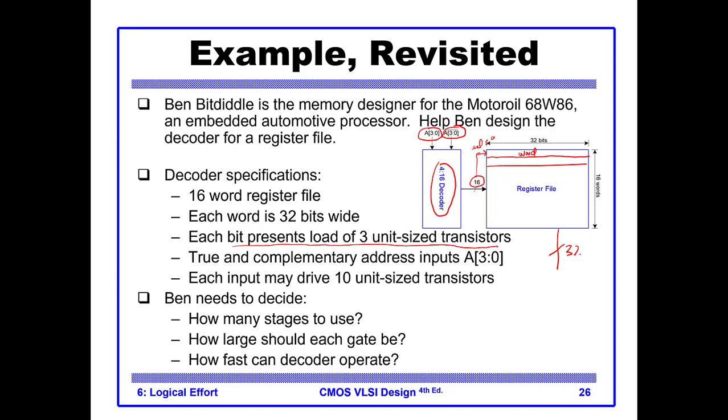You have these 32 bit output lines, and each one of those lines presents a 3 unit inverter. The overall load is 32 times 3, which is 96. All these lines are driving 96 C of load.